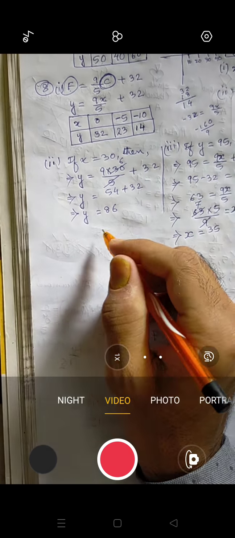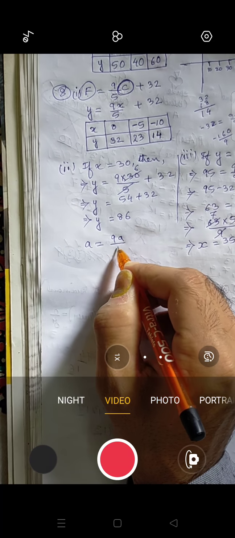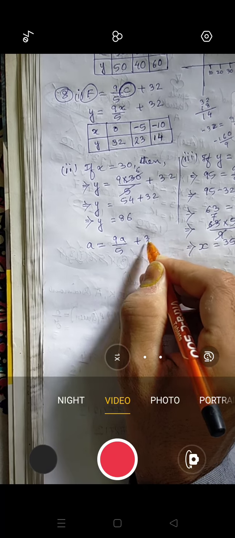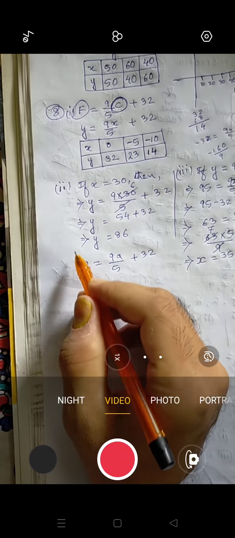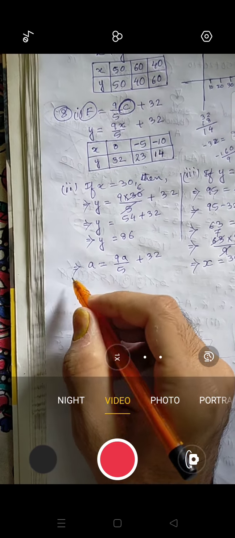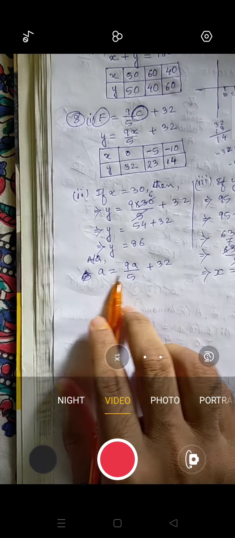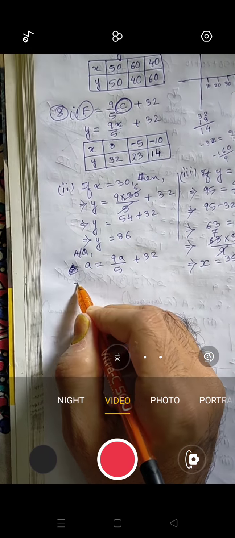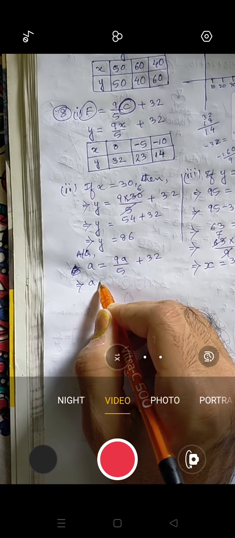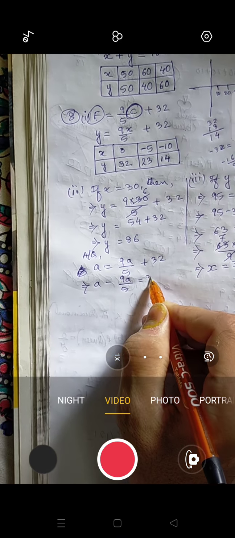So can I say that A is equal to 9A by 5 plus 32? Any problem? You have to write according to the question: this equals this. Now we will bring this number here. So we will have A minus 9A by 5 equals 32.